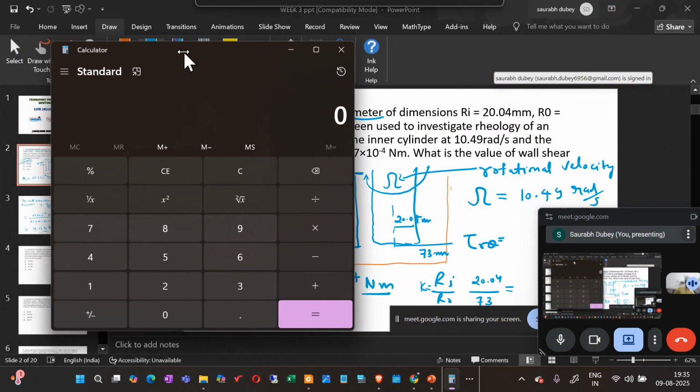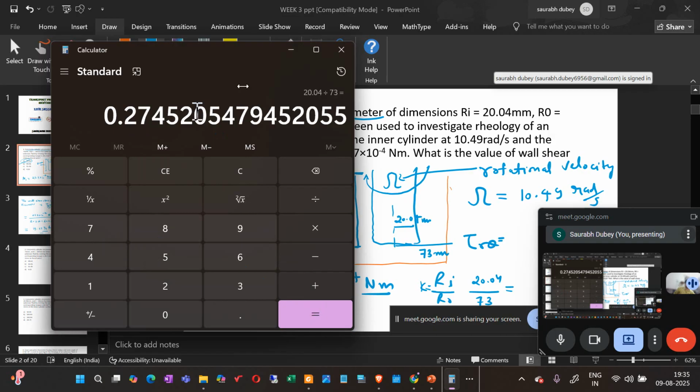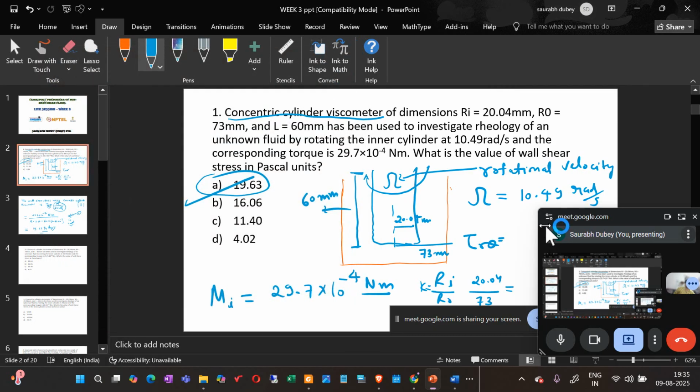20.04 divided by 73. So you are getting 0.2745. So what you are getting is your inner cylinder is 0.27 times that of the outer cylinder diameter.